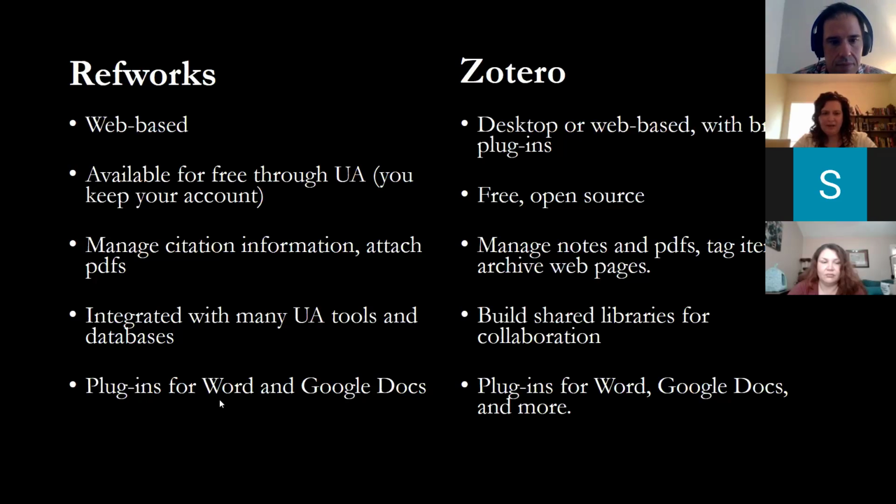Yeah, I think I agree. The big thing that Zotero does that's really useful is if you are doing research using web sources that may not be stable, like social media posts or web pages that change.